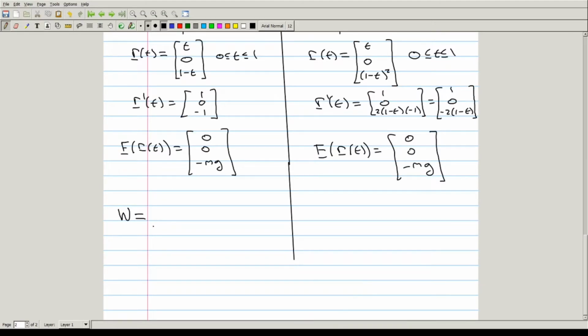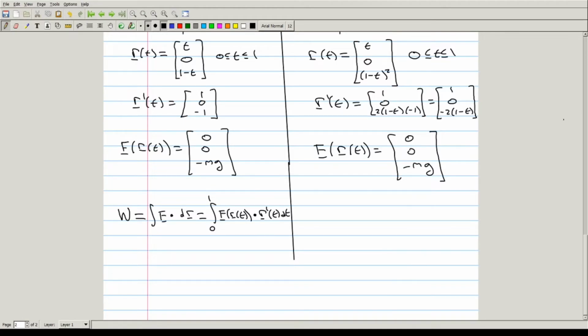So then the work is the line integral of F dot dr, which as we've seen simplifies to the integral from 0 to 1 of F of r of t dot product with r prime of t dt.